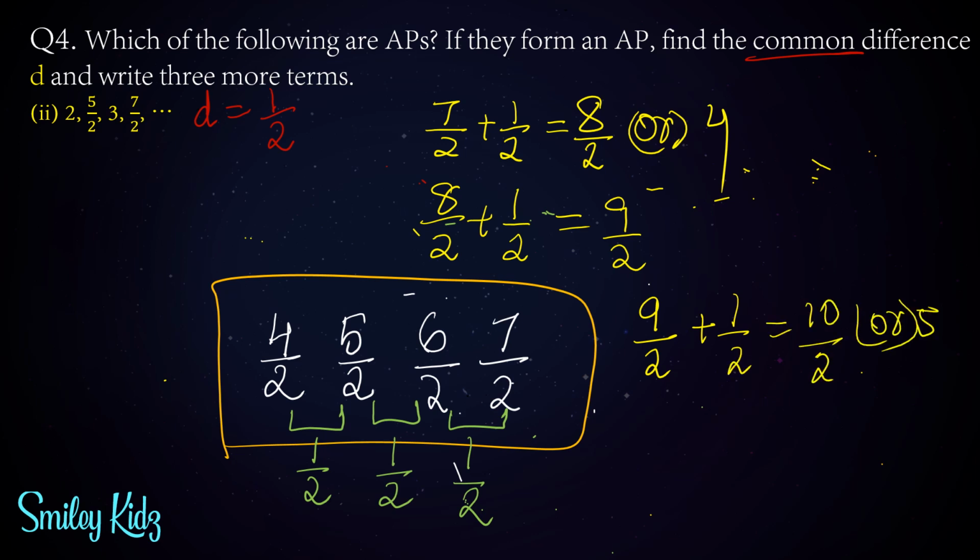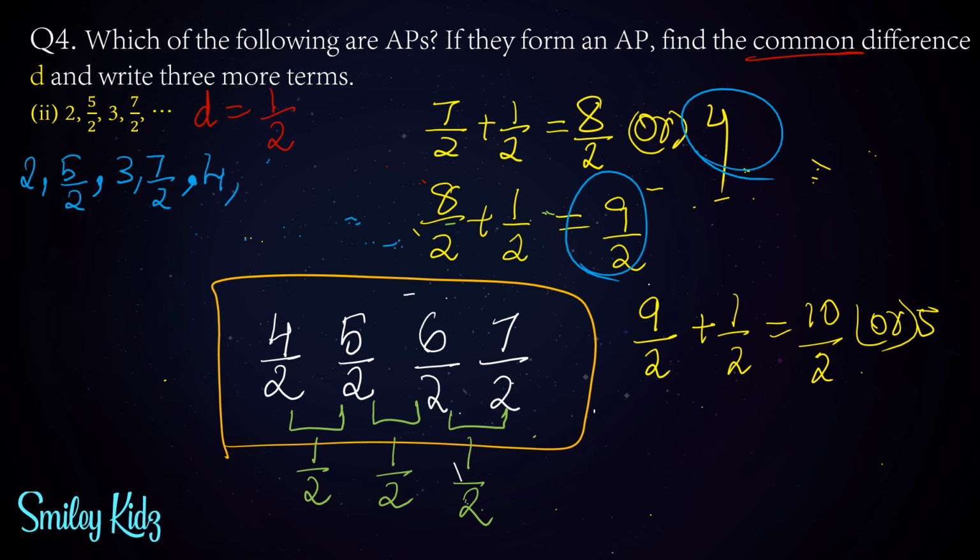So what is our sequence? Let's write it down: 2, 5 upon 2, 3, 7 upon 2, 4, 9 upon 2, 5. So this is our AP whose common difference is 1 upon 2.